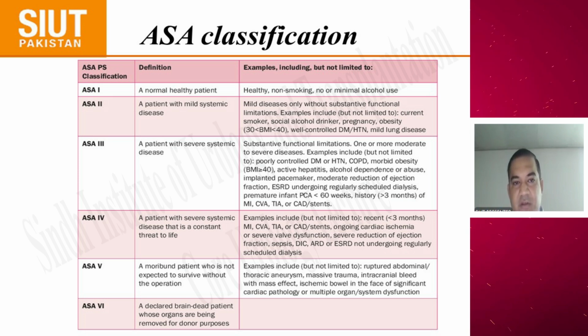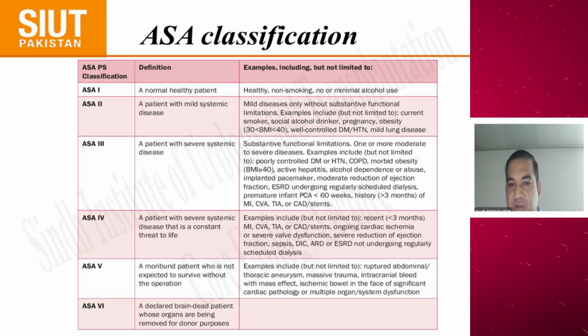ASA 1 is a normal healthy patient, healthy, non-smoking, no alcohol use. ASA 2, a patient with mild systemic disease. ASA 3, a patient with severe systemic disease, substantial functional limitation, one or more moderate to severe diseases.